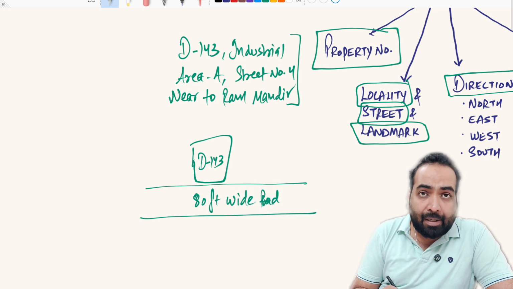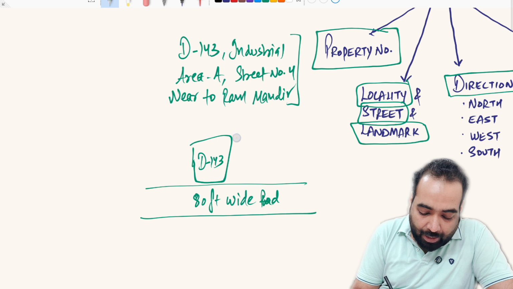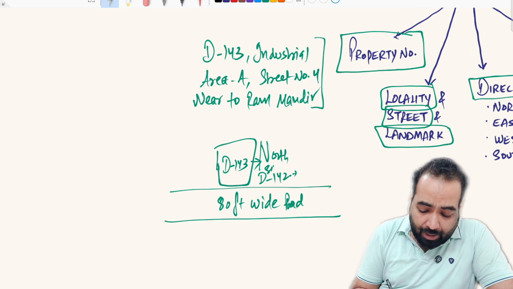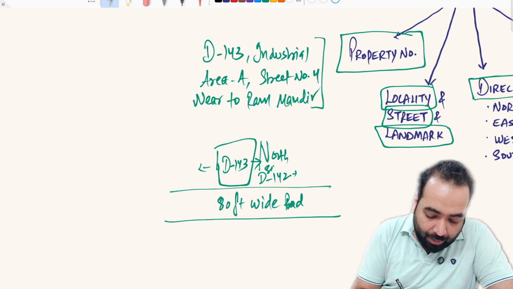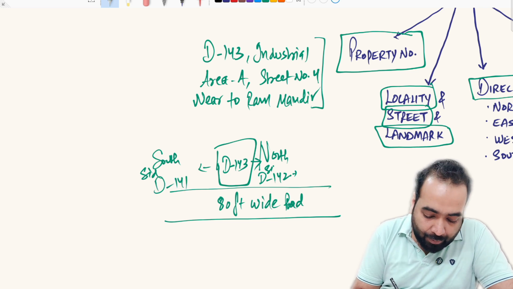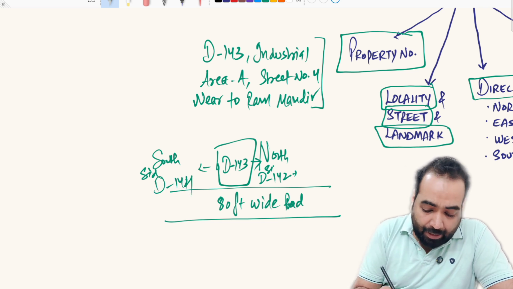And in the title deed, it will be mentioned that on the north side of the property, on this side, there is D142 property, right? On the south side, there is D141 or D144 property, right?